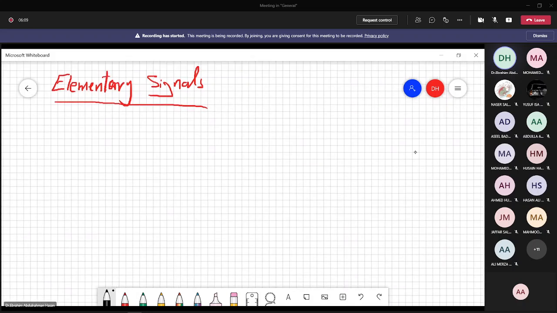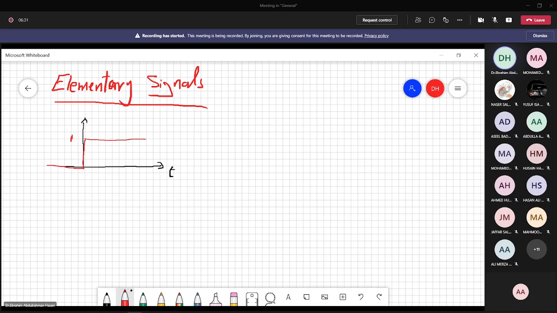The first one is this. So it is equal to 0 here, and it jumps to 1. هذه أول واحدة.